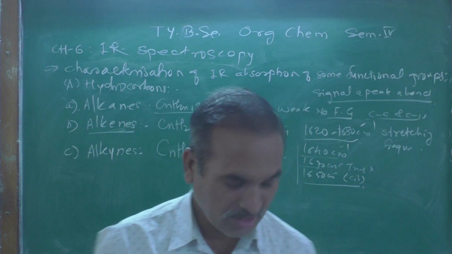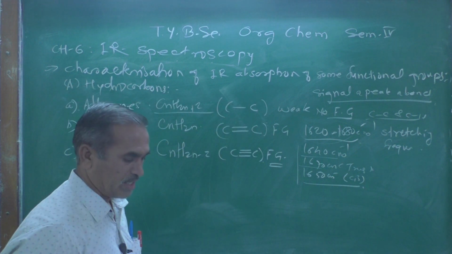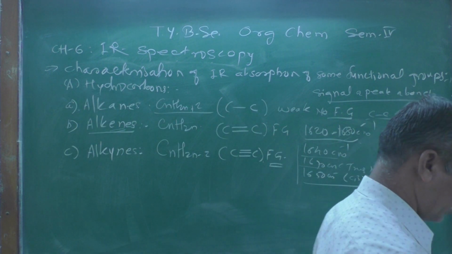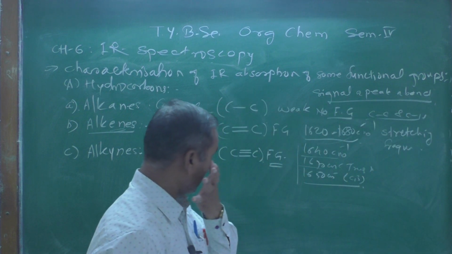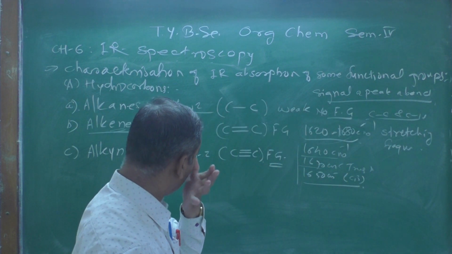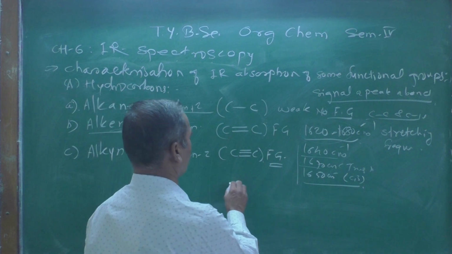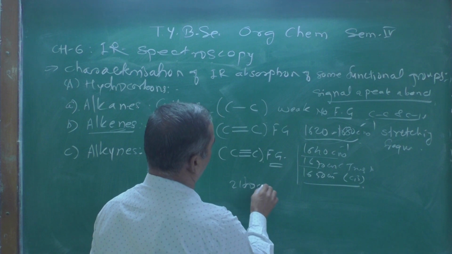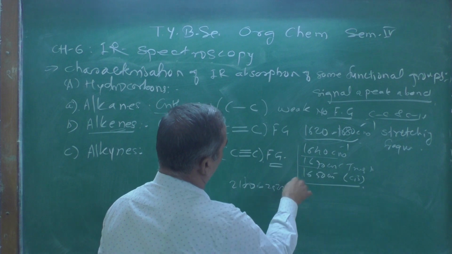So let's see here the general formula CnH2n-2, and acetylene, as we know, contains a carbon-carbon triple bond as a functional group. The band appears around 2100 per centimeter to 2500 per centimeter.